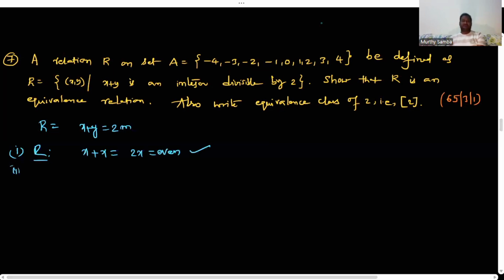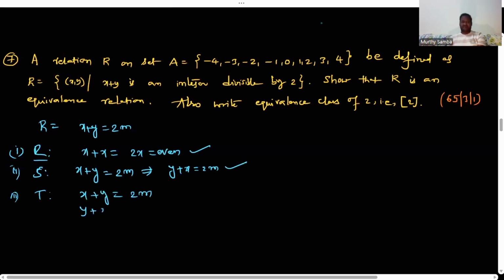And coming to the symmetric relation. In the case of a symmetric relation, when x plus y is equal to 2m, can we say y plus x is also 2m? Yes, y plus x is also 2m. Therefore, it is a symmetric relation. And coming to the transitive relation, x plus y is a number divisible by 2. Let us say y plus z is also a number divisible by 2.